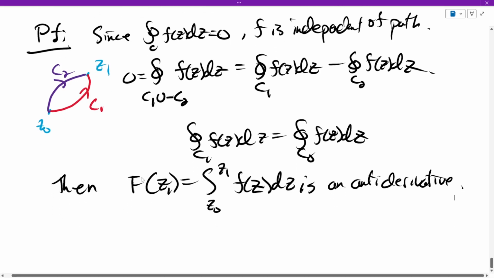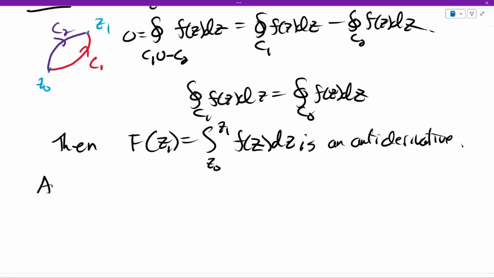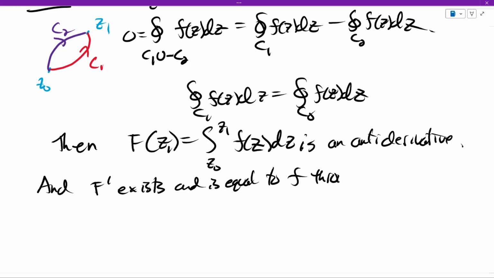All right, so we have an antiderivative, so F prime exists and is equal to f throughout the simply connected domain D.